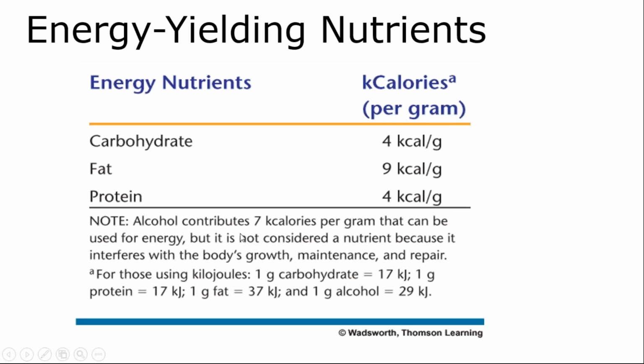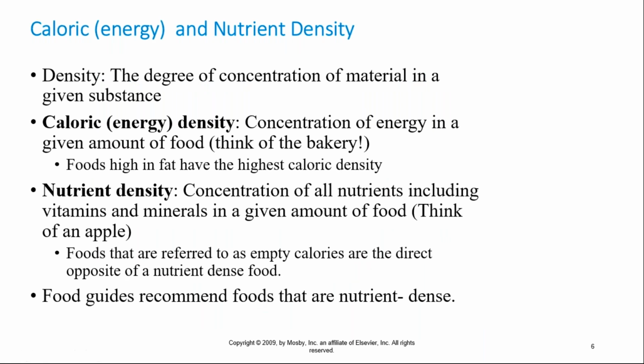Alcohol also contributes, at 7 kilocalories per gram, but is never considered a nutrient when we talk about energy required for the body's growth. To convert into kilojoules, 1 gram of carbohydrate, 4 kilocalories, is equal to 17 kilojoules, and 9 kilocalories is equal to 37 kilojoules. So it literally works out to the conversion factor of 4.16.